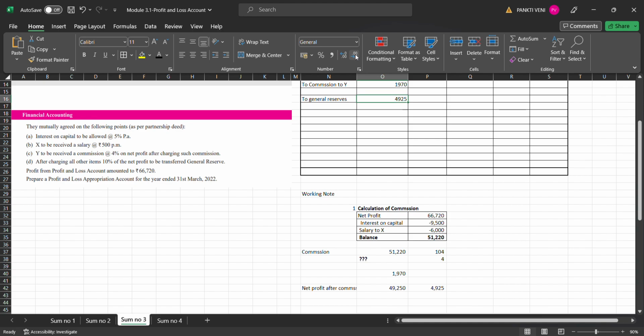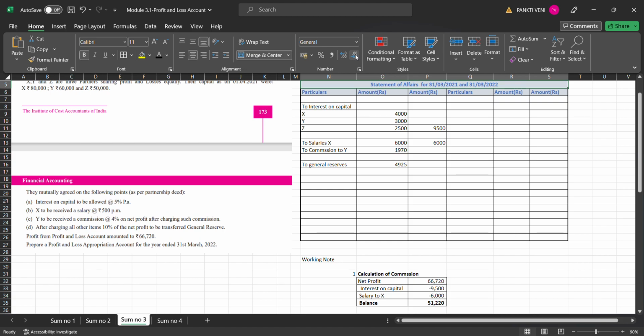Now the balance is my P&L item, P&L profit. They have given me 66,720. So by profit and loss account, it is 66,720. This is my total.